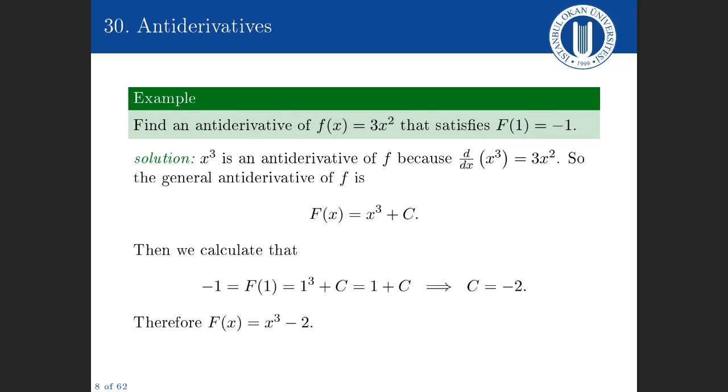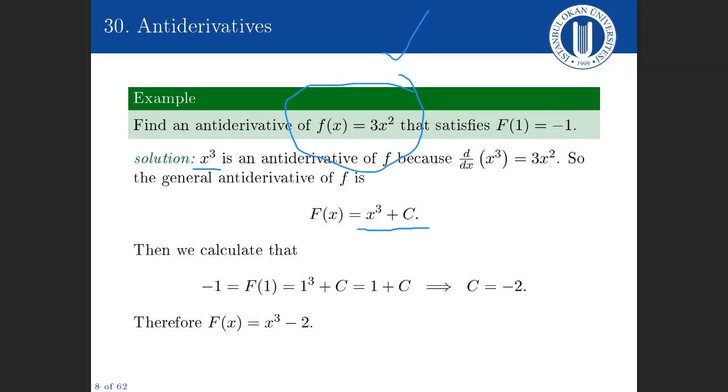So first of all, we need the general antiderivative of 3x squared. We know that x cubed is an antiderivative of 3x squared because if we differentiate x cubed, we get 3x squared. Add on c and we get the general antiderivative of small f. So that's the first part done. We've got the general antiderivative.